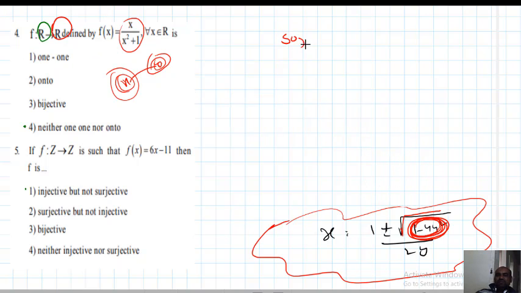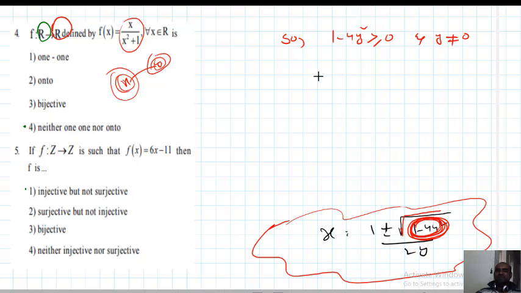So 1 minus 4y square must be greater than or equal to 0, and y is not equal to 0 also. If y equals 0, x is also not a real number, since we have 1 plus or minus root over 1 by 2y, no? So y should not be 0, and 1 minus 4y square should be greater than or equal to 0. Now I want to find for what values of y this happens, so I want to use a sign scheme.